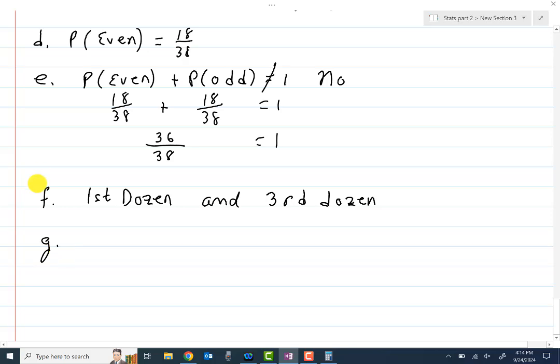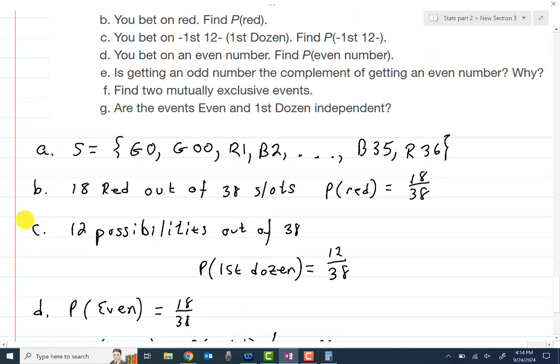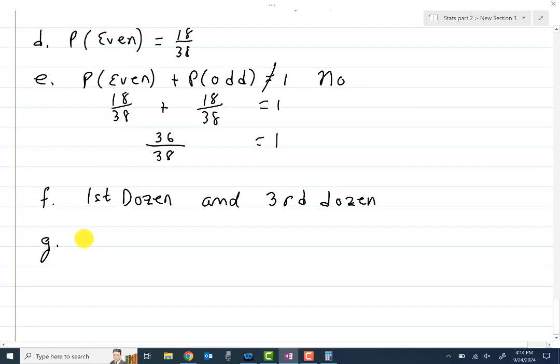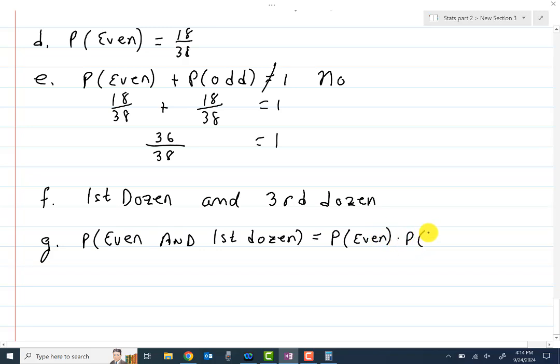And G, are the events even and first dozen independent? So remember, we want the probability of even and first dozen. Now they're independent if that's the same as the probability of an even times the probability of a first dozen.